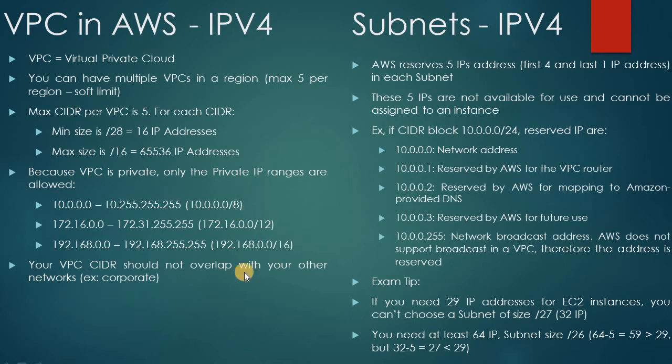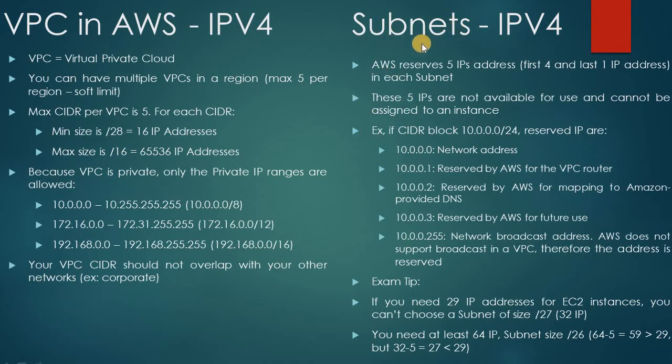These are the ranges right here, and there's the last point: the VPC CIDR should not overlap with other VPCs. We have created 65,000 IP addresses with subnet mask 16. If you create another one, the IPs we mention should not overlap each other. So far we learned the subnet mask.